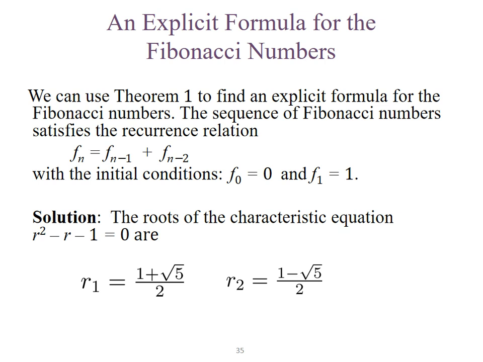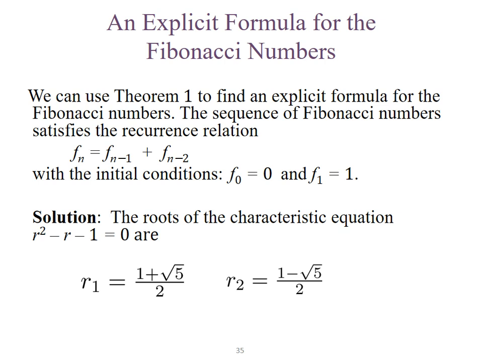So we can write r squared equals r plus 1. If you move these two terms to the left hand side, we have r squared minus r minus 1 equals 0. Then we can find the characteristic roots r1 and r2.